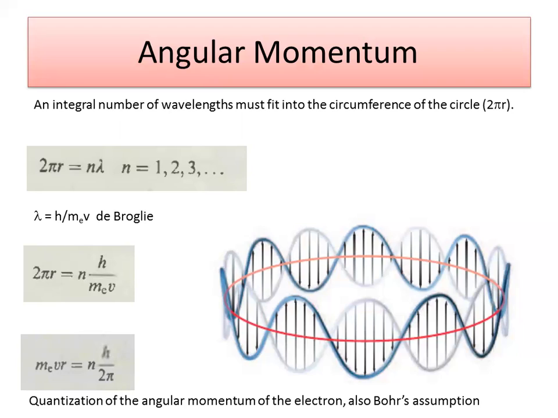It should be called the angular momentum, because it is not the translational motion, it is the rotational movement of the electron around the circle. So if you remember, what Bohr assumed, that is the same equation coming from what we have derived over here in 3 steps. Okay? So this is the angular momentum.